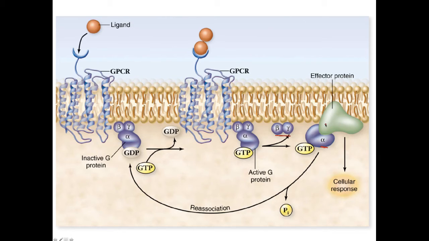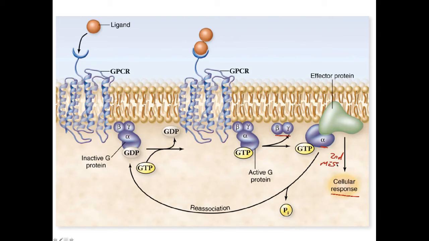We're going to look at two cases of effector proteins that become activated when an alpha subunit is in its active state bound to GTP and disassociated from beta and gamma. And we're going to see that these effector proteins elicit a cellular response by the production of second messengers.